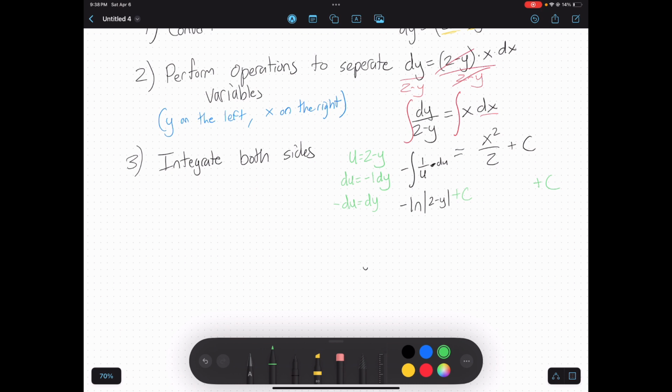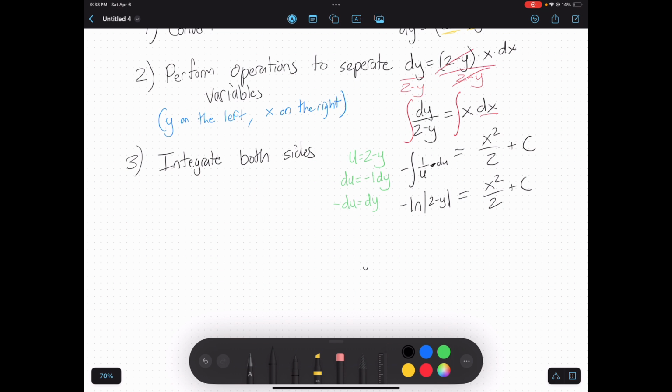And if you combine two arbitrary constants, what do you get? Another arbitrary constant. So it turns out I only need one of these plus c's. So I always just worry about the plus c on the x side, and I don't worry about it on the y side. Okay. But you only need one.